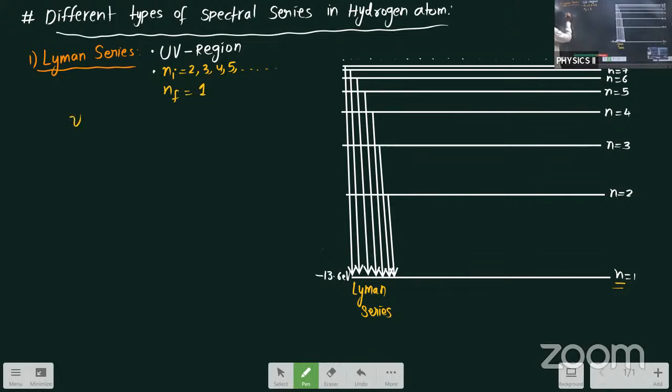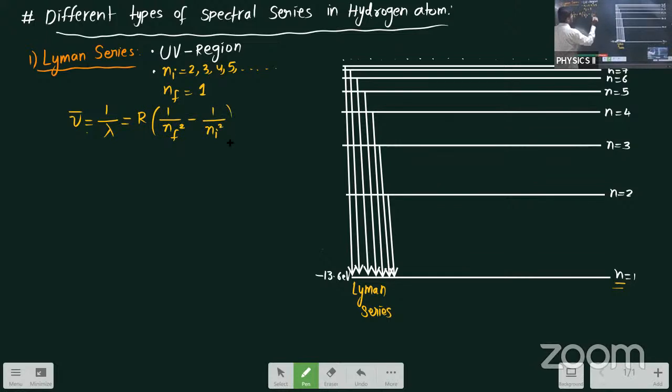The formula for wave number or wavelength is given as mu bar equals 1 by lambda equals R Z square. But for which atom are we discussing? We are discussing the hydrogen atom. For the hydrogen atom, what is the value of Z? The value of Z is 1. So this becomes R of 1 by nf square minus 1 by ni square.